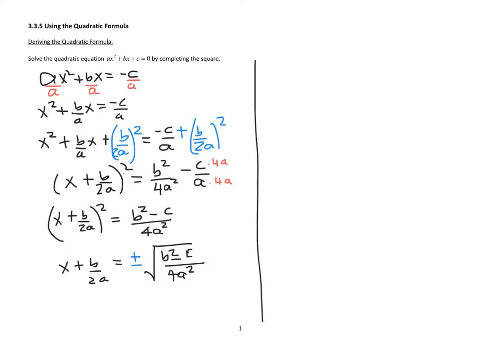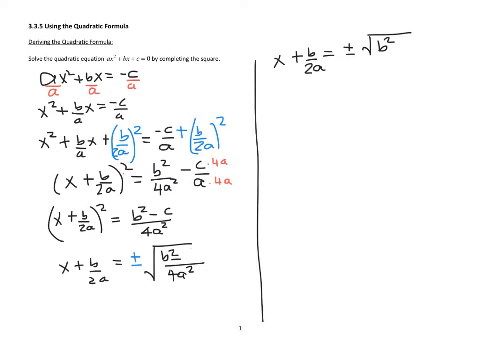And let me get some more space on the other side. What I want you to see now is, if I have x plus b over 2a is equal to, this is the same as, I can split the top. Oh, I forgot something, this should be 4ac, let me fix that.